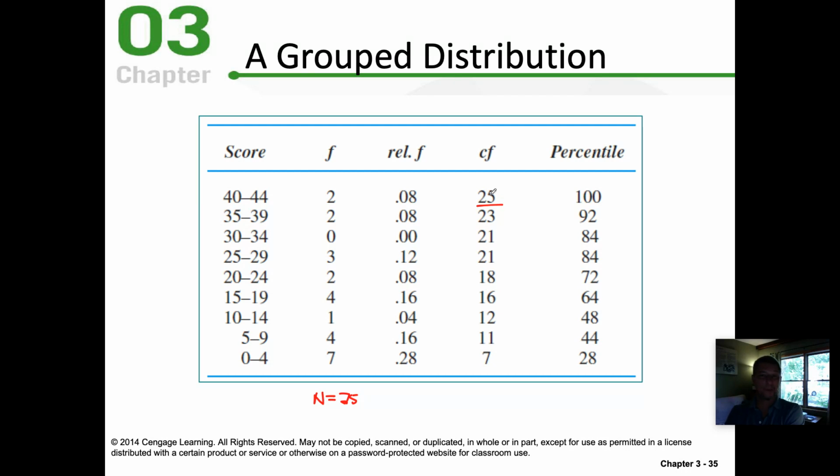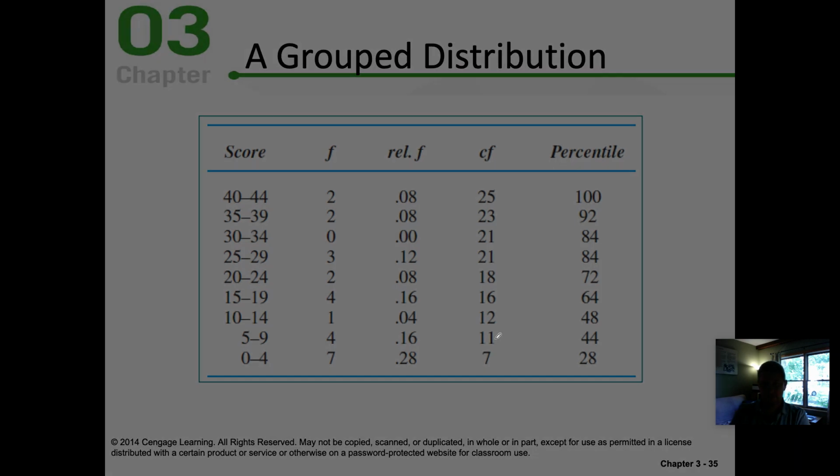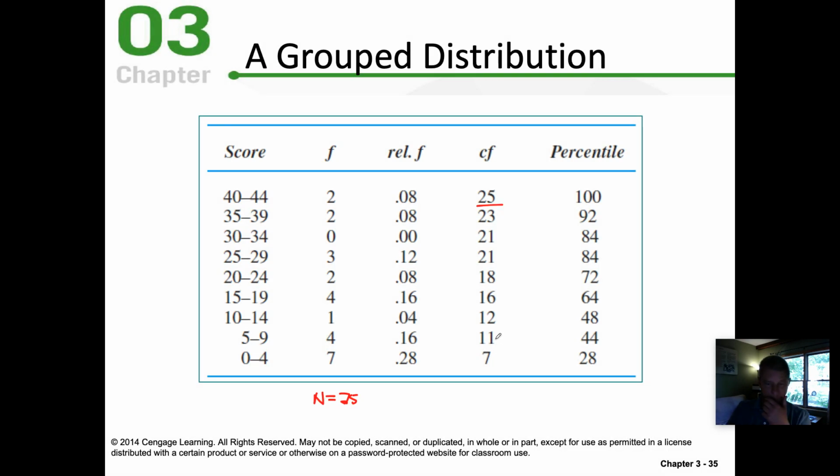Now we calculate the percentiles. This is simply going to be 7 divided by 25 times 100, which is 28. 11 divided by 25 times 100 is 44. 12 divided by 25 times 100 is 48. 16, and so on.